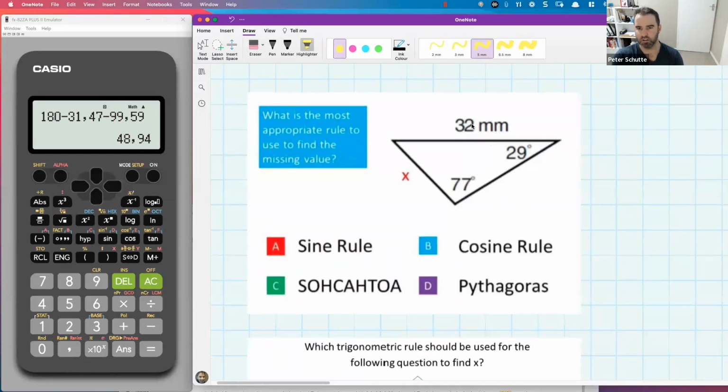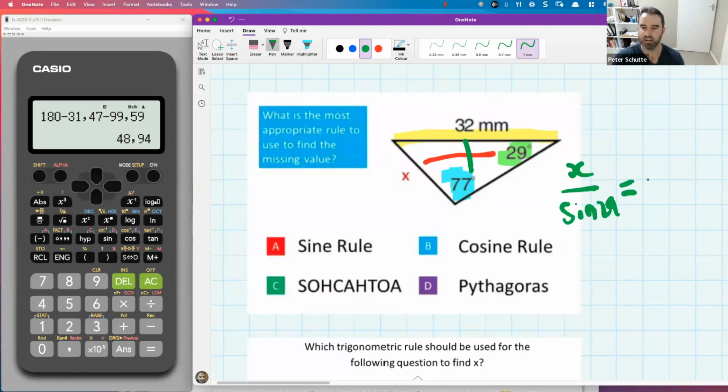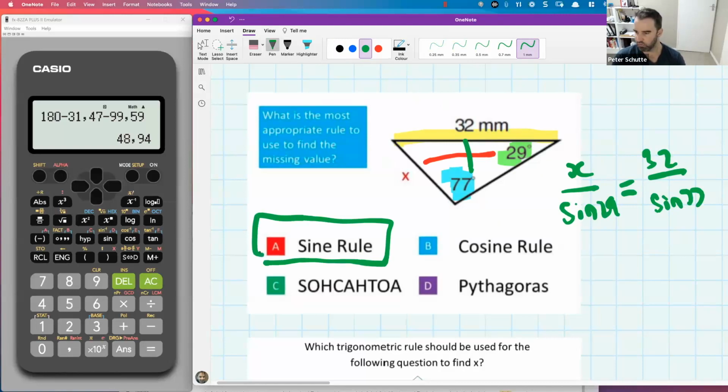So we've got a side, and then we've got an angle, and we've got another angle, and we want to find another side. This and this go together, and kind of this and this go together, and so you would probably write the sine rule like this.